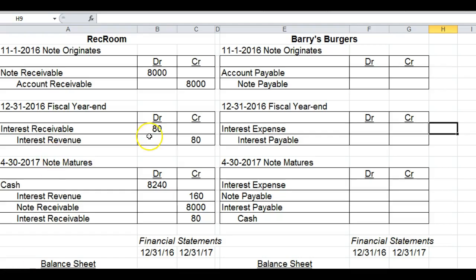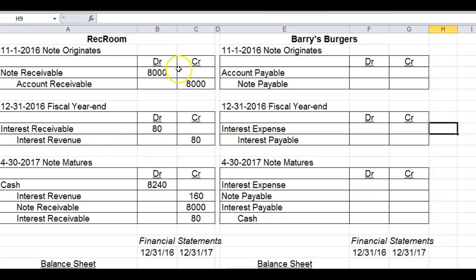Okay, so let's take a look at when it was a receivable, what happened. We can see that we decreased accounts receivable $8,000 and notes receivable came in of $8,000. And then at the end of the year, we accrue an additional $80, which remember was the 2 months interest. We haven't collected that $80, so we put it in a receivable and record interest revenue.